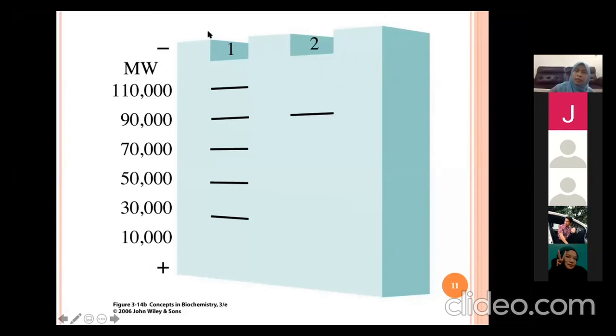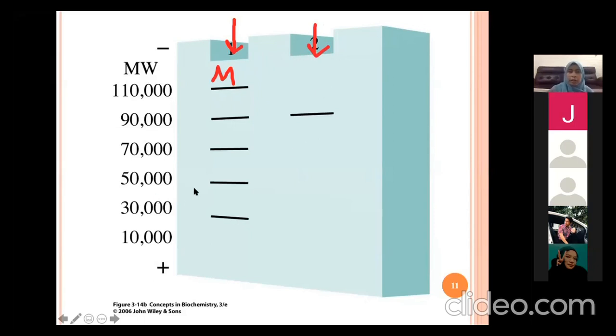You will start to upload your protein here. This one we load with marker, and the second lane we load with our protein of interest.